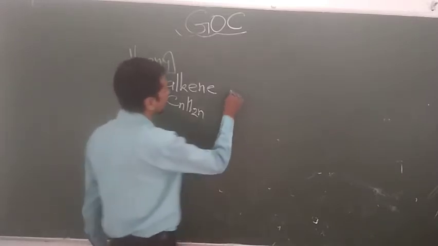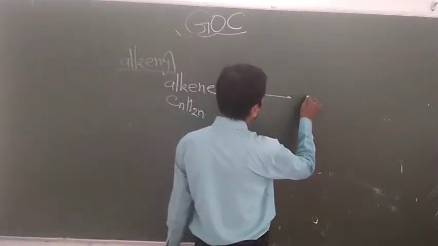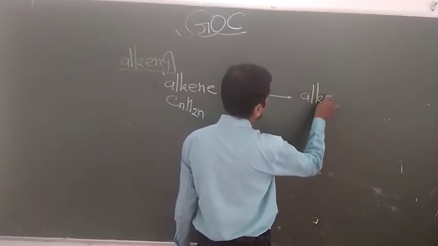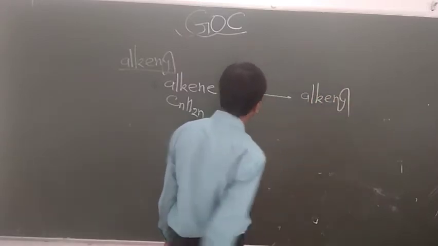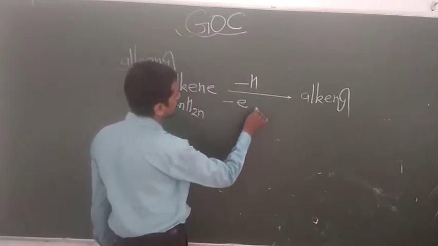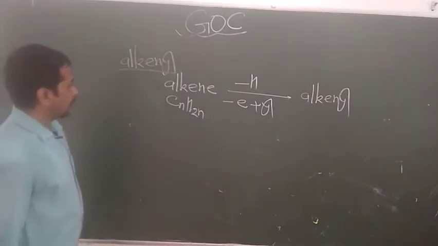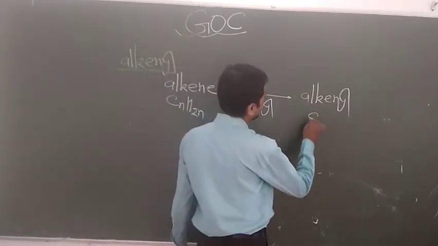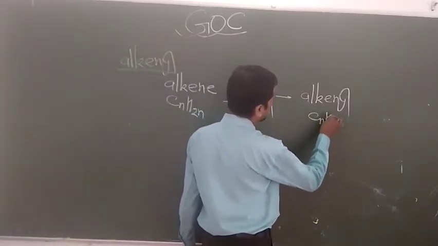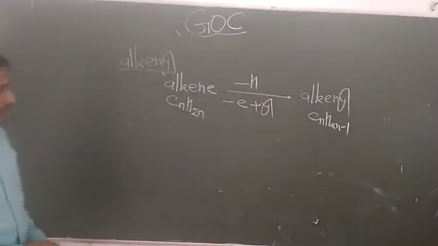Now 1 H is removed from alkene, and this will form alkenyl. Here what happens basically? You have to remove E and add YL. Now the formula of the group is CnH2n minus 1, because here again 1 H is removed.